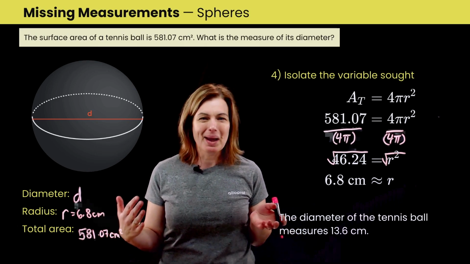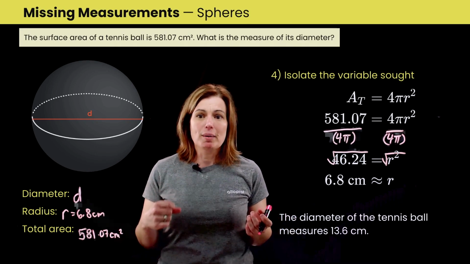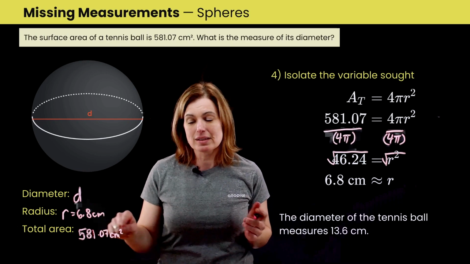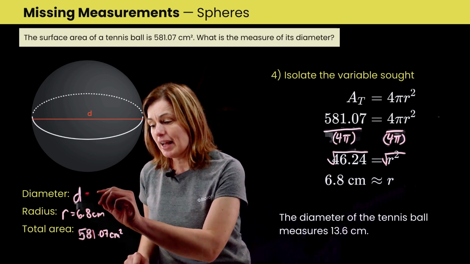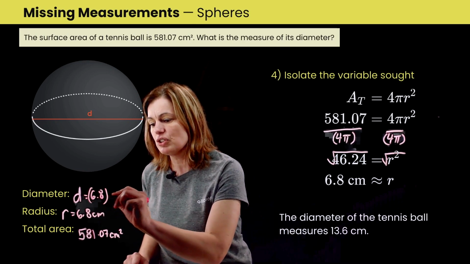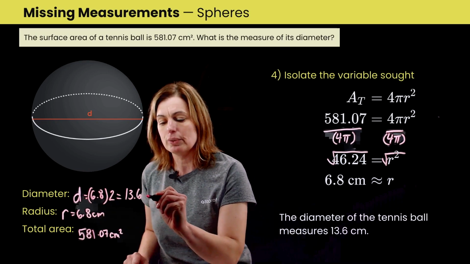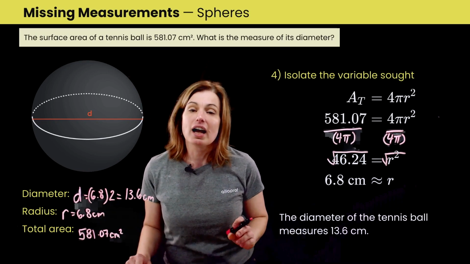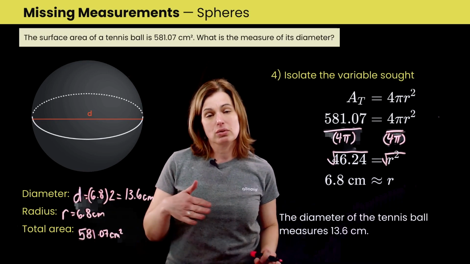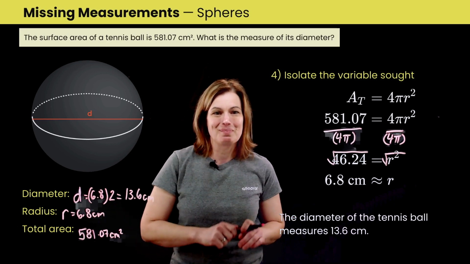You might be wondering, how did I go from that to 13.6 centimeters? Well, remember, because I calculated the radius, to get the diameter, I had to take the radius, 6.8, and multiply it by 2. So I'm just going to show that to you quickly here in case you had a little trouble following that. Because the actual answer that I was looking for is the 13.6 centimeters, which is the diameter of the entire tennis ball.